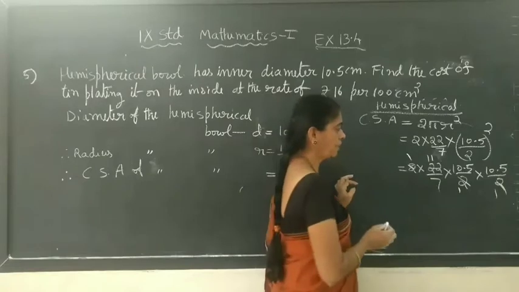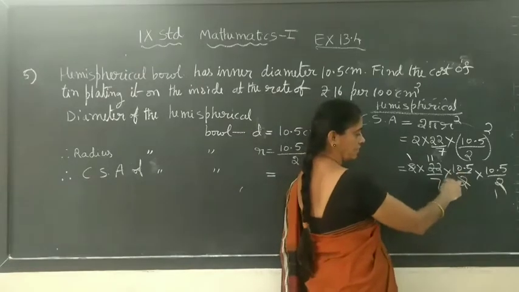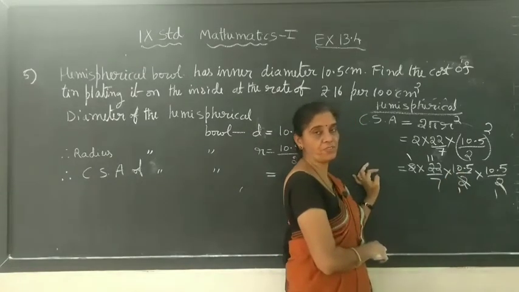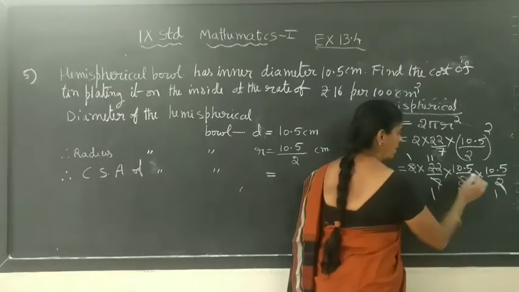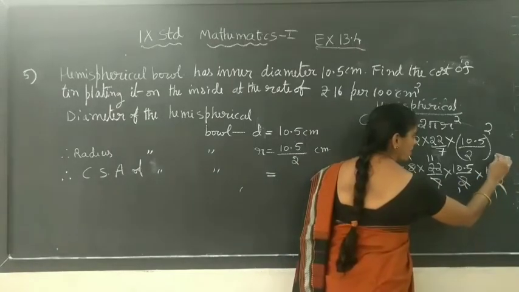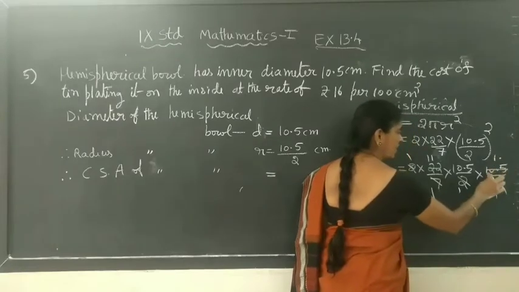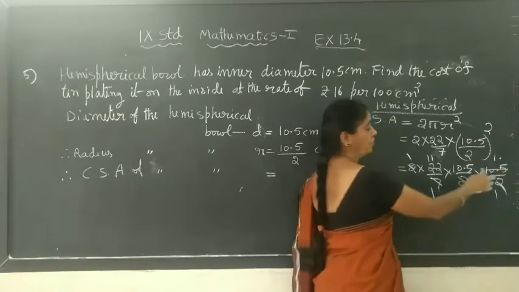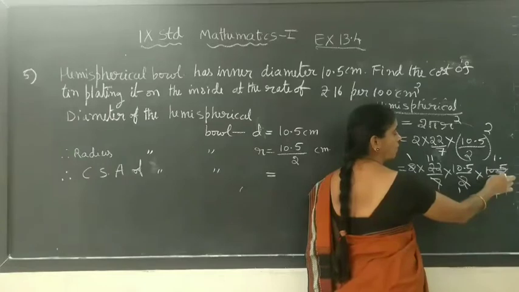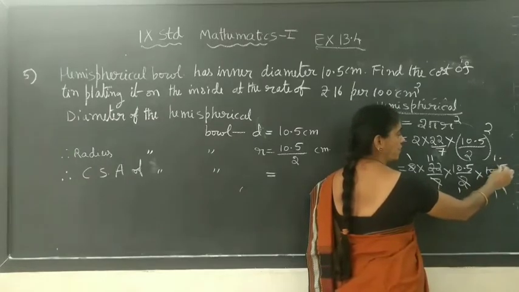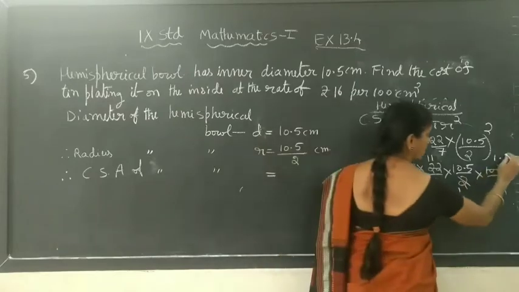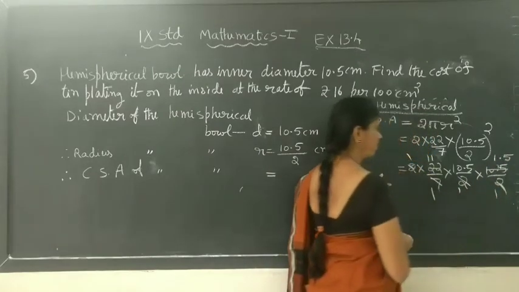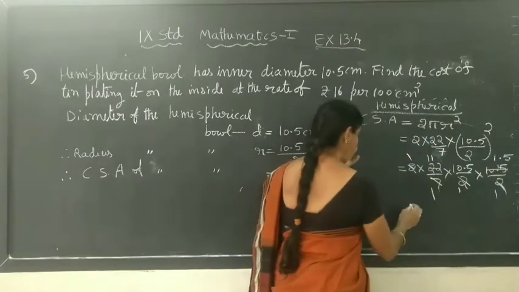Now 7 table, we will divide this one. 7 15s are 105, so we can divide it by 7. 7 ones are 7, 10 is there, 3 remainder. If you bring here after point, 35, 7 5s are 35. So it will change into 5. Now what is the left out thing?